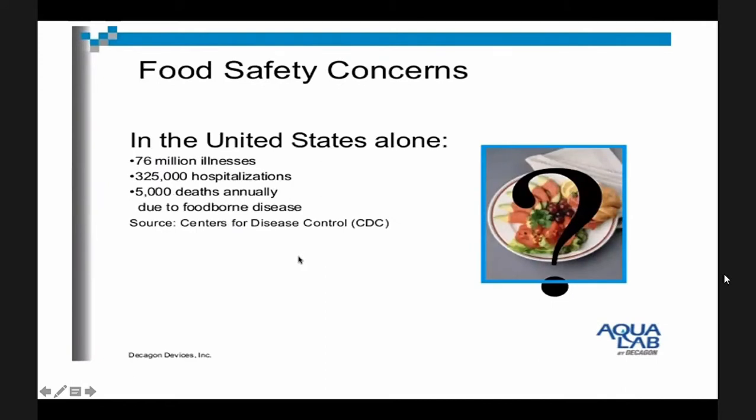Okay, just one example of some food safety concern. In the US alone, there are 5,000 deaths annually due to foodborne diseases. Kaya may foodborne diseases, kaya ang spoilage, because as I've said, water activity is a very critical parameter, especially in packaged food.